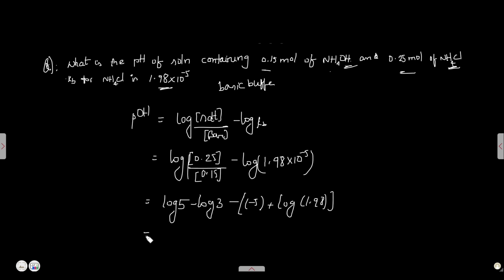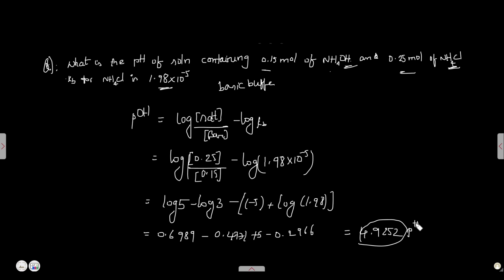When you simplify, log 5 is 0.6989 minus log 3 which is 0.4771, plus 5 minus 0.2966, which is equal to 4.9252. This is the pOH of this buffer, right?